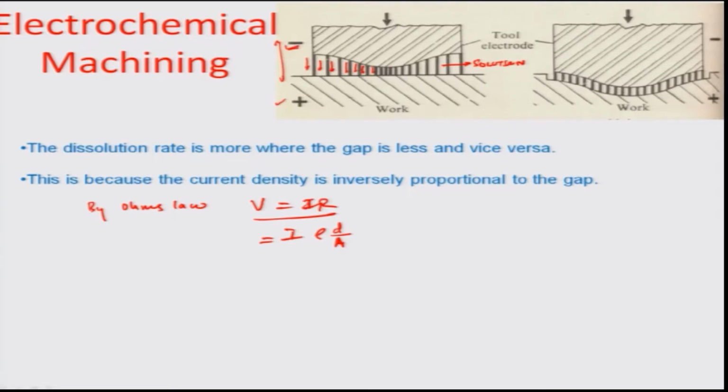So the interfacial area is really the area of the workpiece which is being exposed to such an electron flow in the perpendicular direction to the path of the electrons, or to the flow of the electrons.